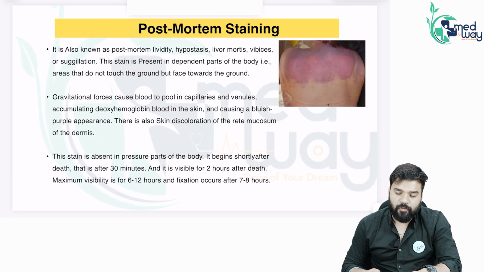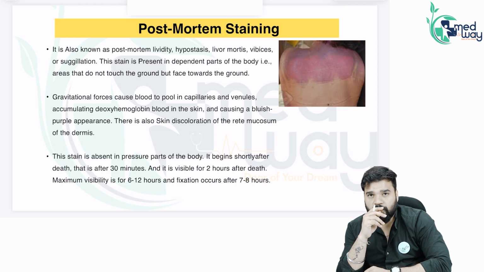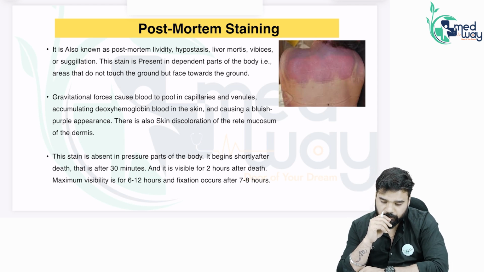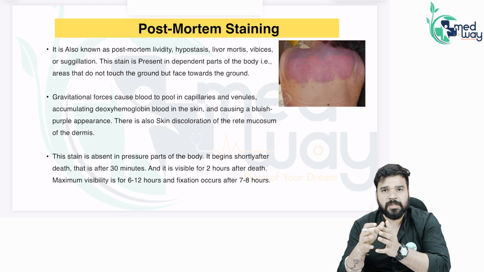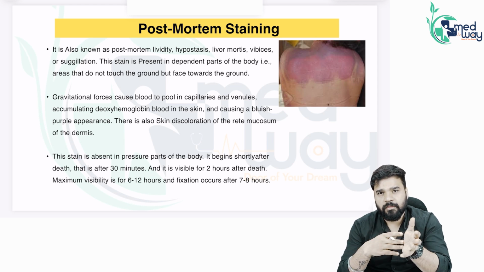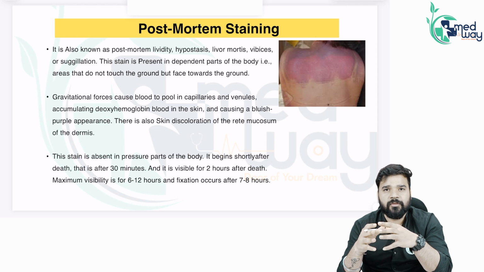Now, what is PM staining? What is postmortem staining? It has many names and you have to remember all of them, because a question may be asked using any of the names. And sometimes in the exam, if PM staining is there in the question, we will be comfortable and we know what PM staining is.